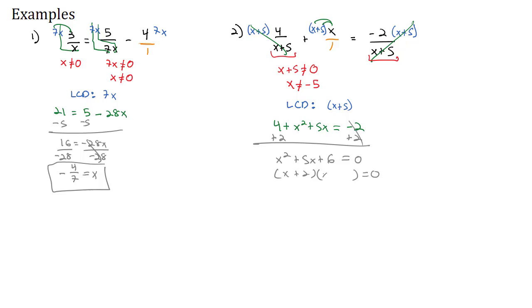That's x plus 2 times x plus 3. Set each factor equal to 0, so x plus 2 equals 0 and x plus 3 equals 0. Subtract 2 from both sides, x equals negative 2. Subtract 3 from both sides, we get a second answer: x equals negative 3. Double check, none of those answers is the negative 5 that's not allowed, so we're going to call that our final solution. This time we have 2 answers for x.